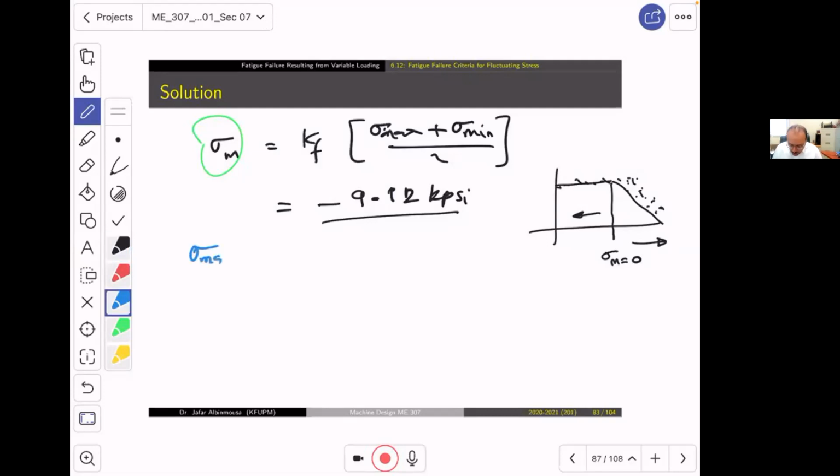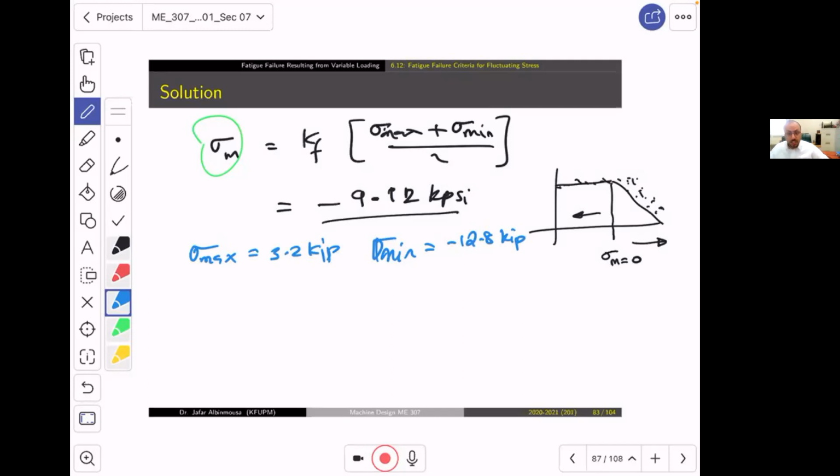Sigma maximum was 3.2 kilopound. Sigma minimum was minus 12.8 kilopound.